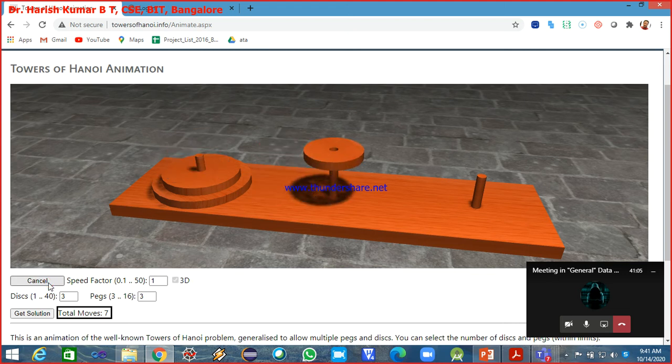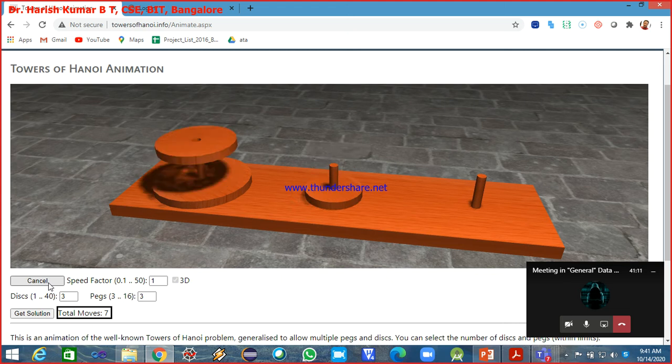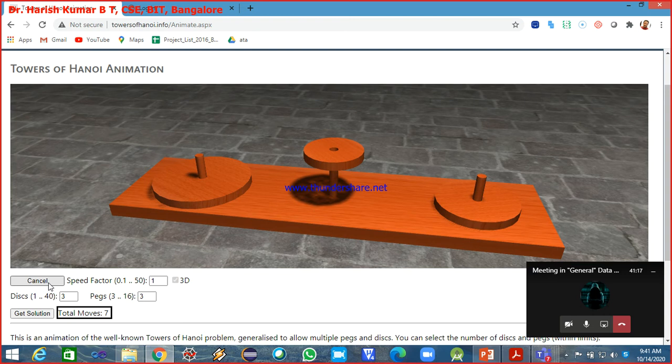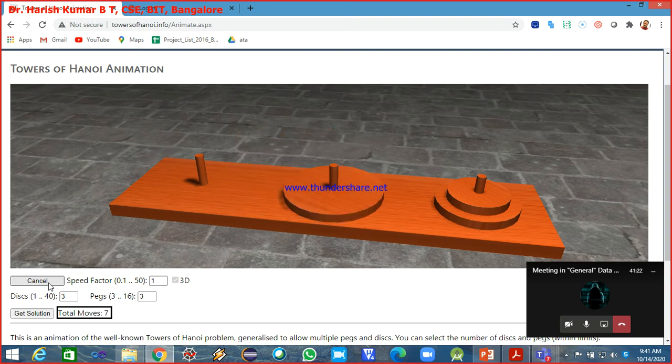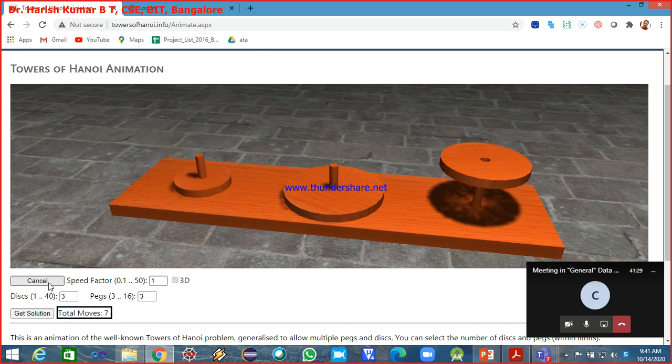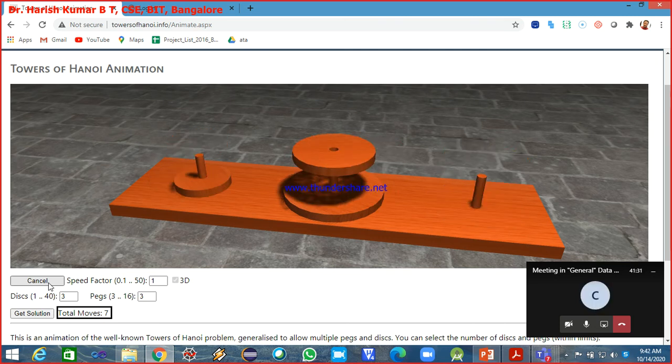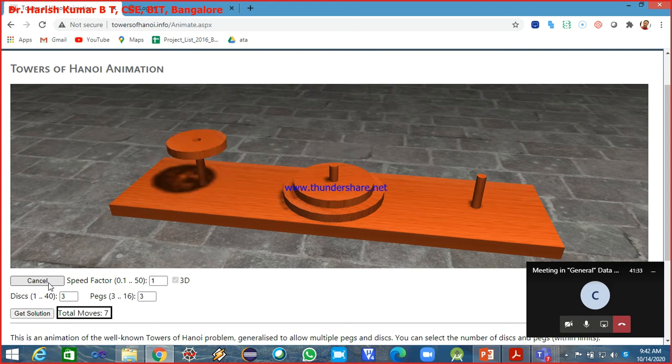The first disk is moved here, second move, third move, fourth move, fifth, sixth, now seventh. 7 moves, it is done. Now what we did, I'll again show the solution.